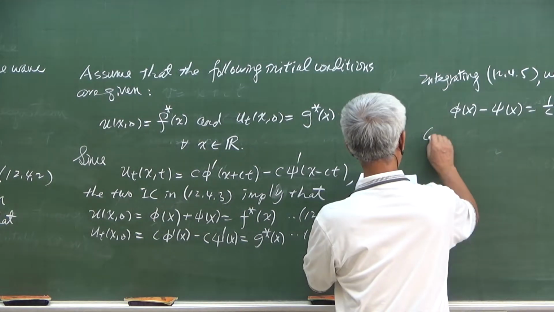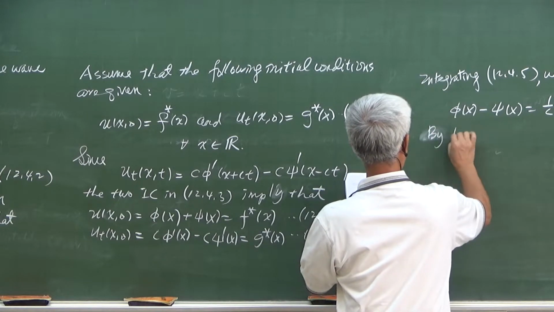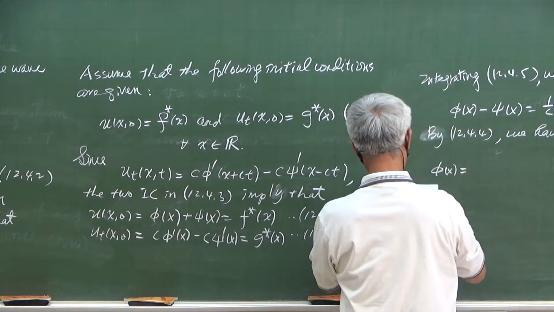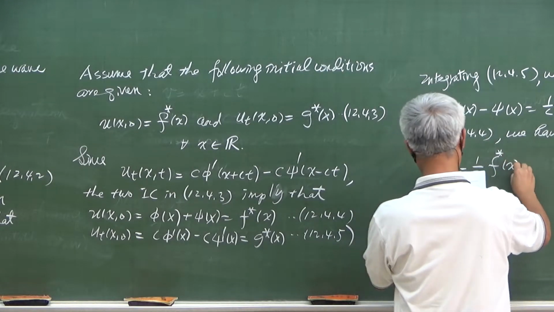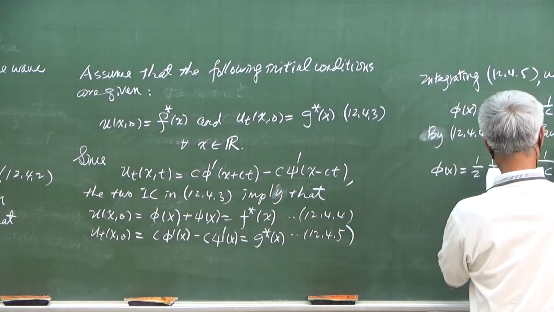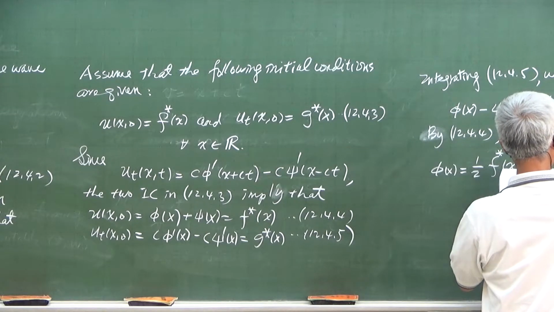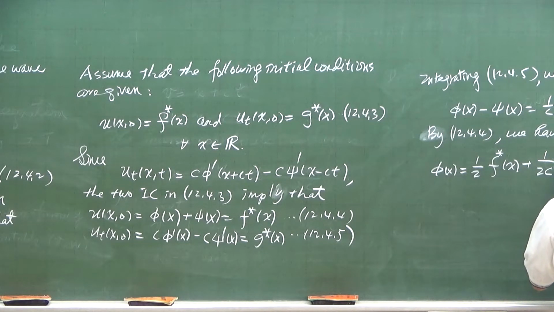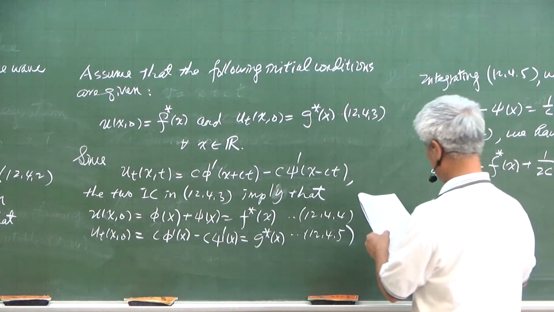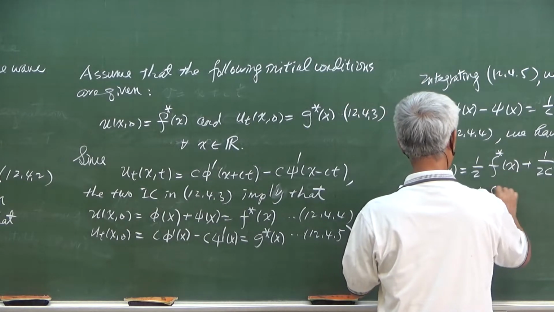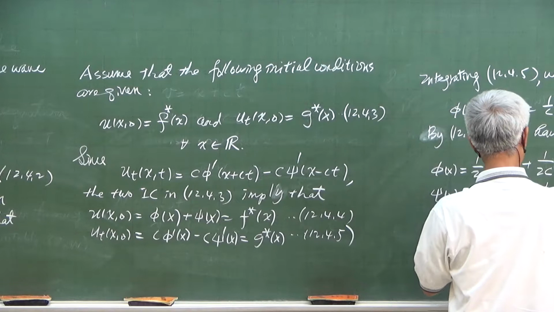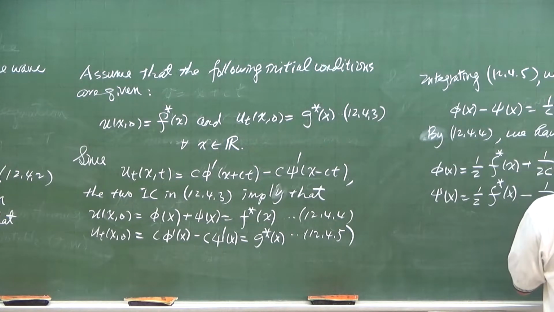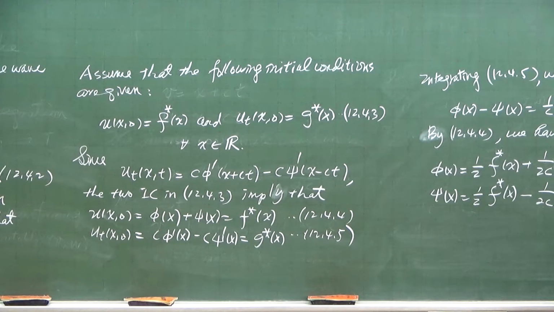Immediately, combining by 12.4.4, we have phi of x equal to 1/2 f star x plus 1 over 2c times the integral from x0 to x of g star s ds, plus 1/2 of phi of x0 minus psi of x0. How about psi of x? psi of x is 1/2 f star x minus 1 over 2c times the integral from x0 to x of g star s ds, minus 1/2 of phi of x0 minus psi of x0.